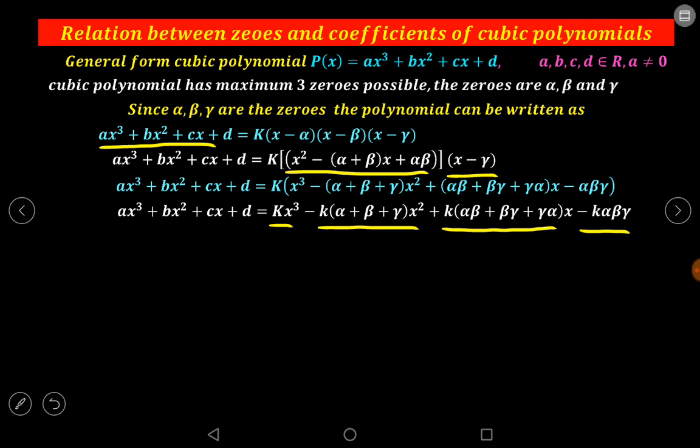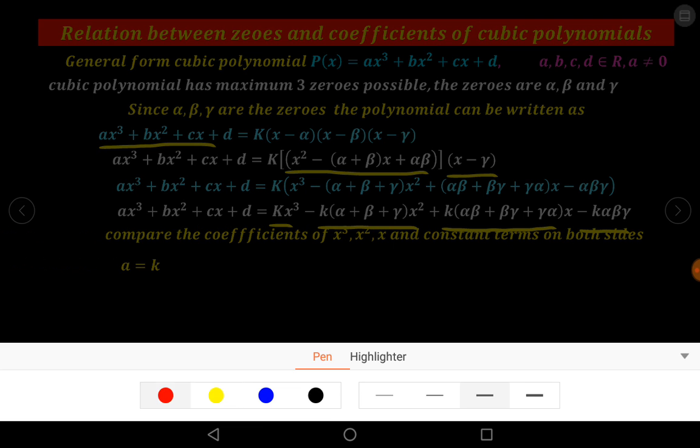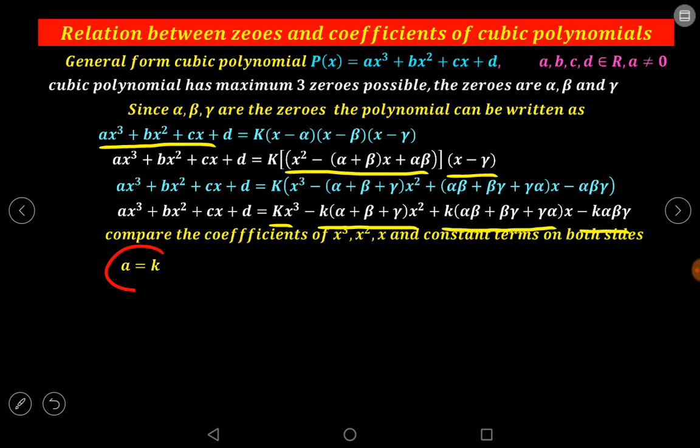Okay students, next one, left side, right side, equate the coefficients of the x cube terms. So x cube terms, observe that a equal to k. First one is a equal to k. X cube coefficients are equal. Next, x square coefficients, in the left side b, right side minus k times alpha plus beta plus gamma.